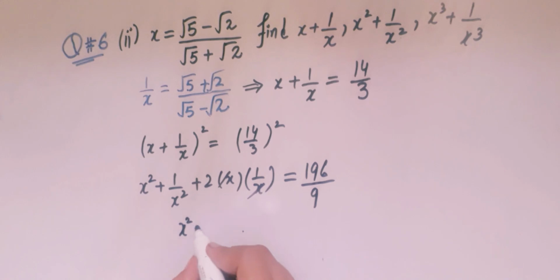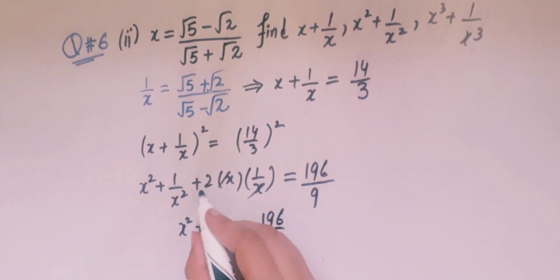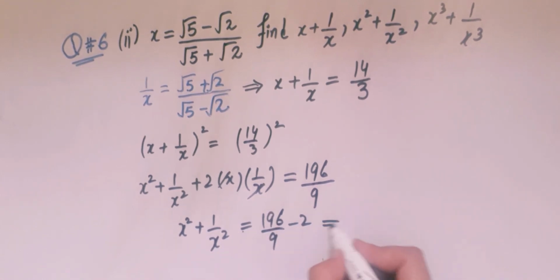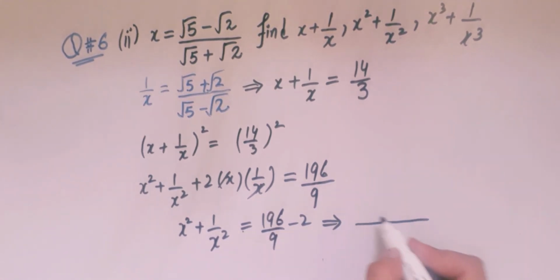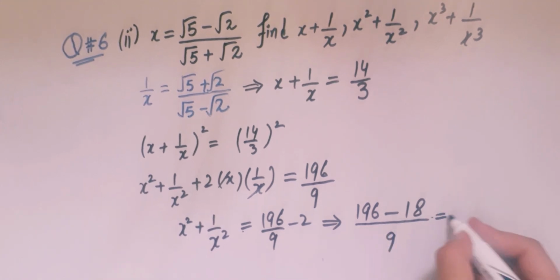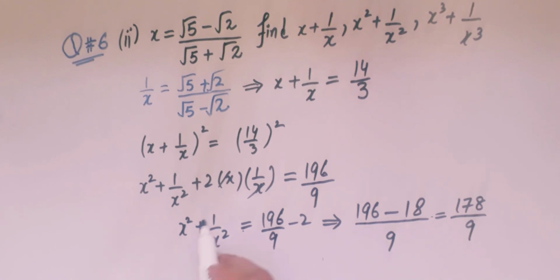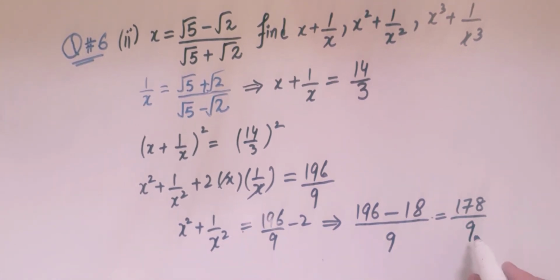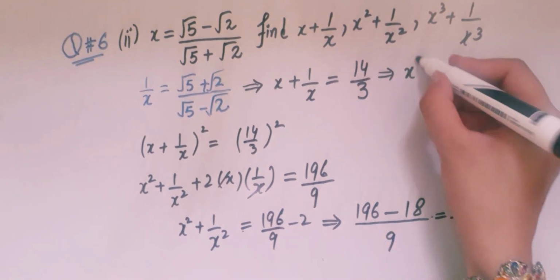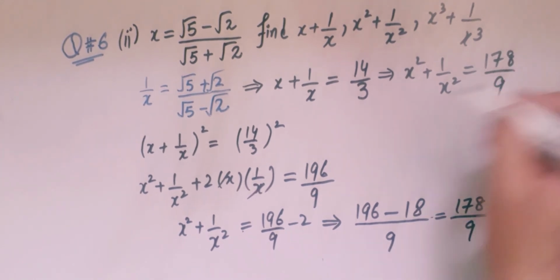So x square plus 1 over x square is equal to 196 by 9, and plus 2 will become minus 2. And by taking the LCM we have 9, 196 minus 18, which is equal to 178 by 9. So the value of x square plus 1 over x square is 178 by 9.